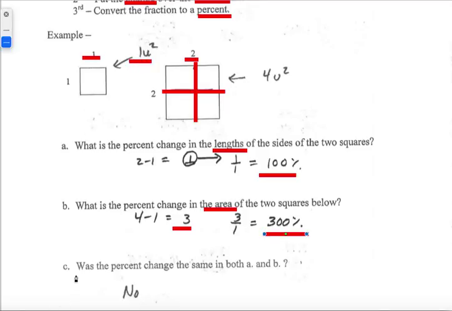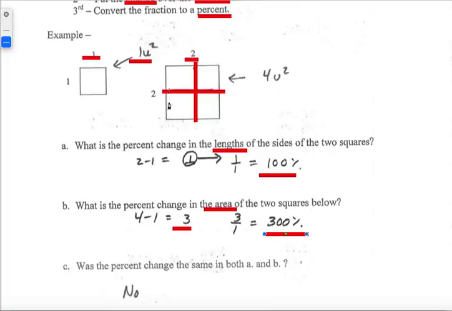The third part, part C, asks: was the percent change the same in both A and B? The answer, of course, is no. These are definitely 2 different numbers. Taking a look at these boxes, this length right here is representing this length right here. So when we're looking at our new square, this edge has the original 100% plus an additional 100%.